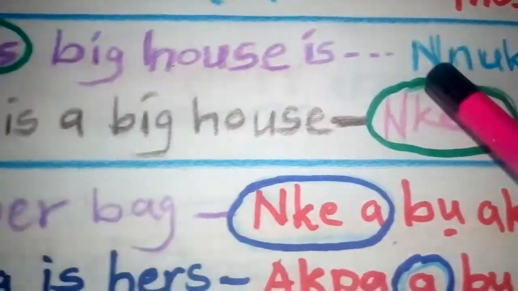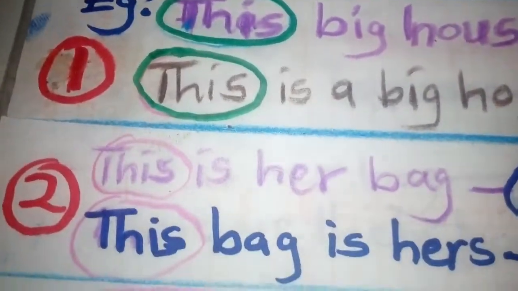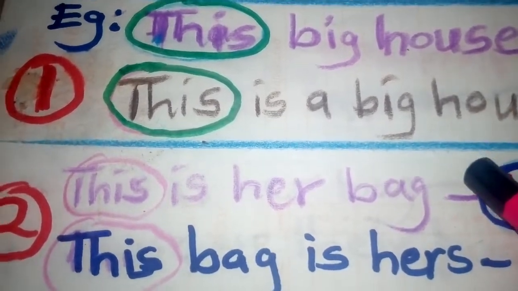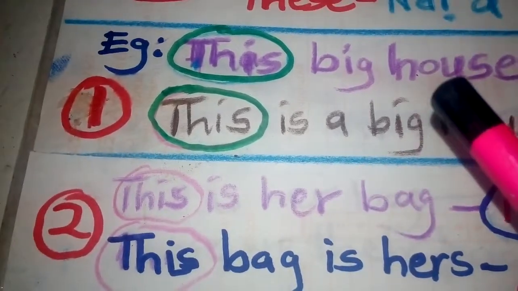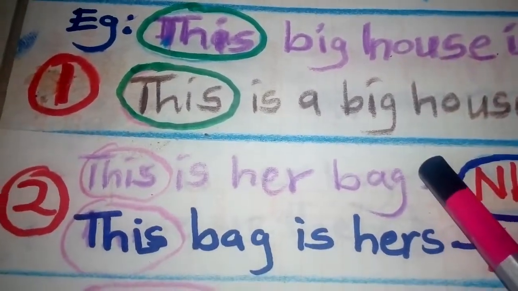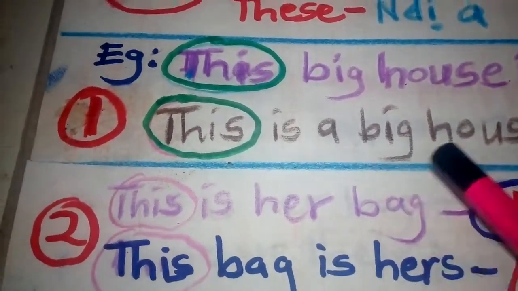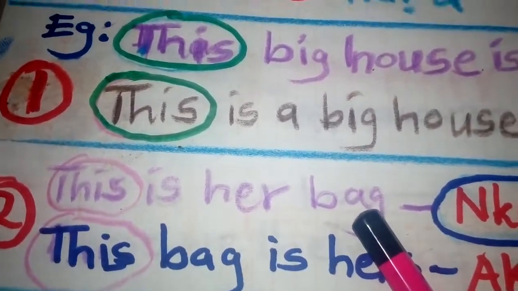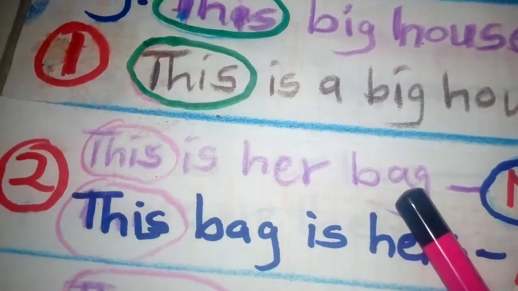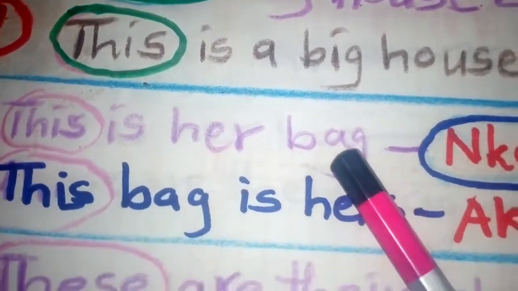So that's one of the differences. And again, another point is that the demonstrative pronoun can replace a noun in a sentence. How?